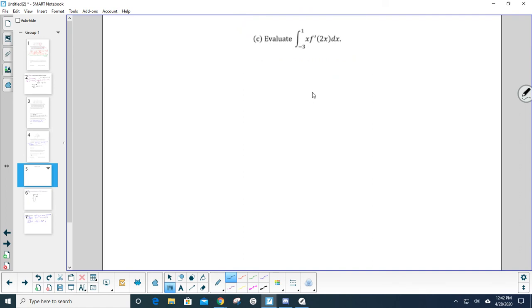So I'm just going to let my u equal my x. So my du is going to equal dx. That's pretty self-explanatory. I'm going to let my dv equal the f prime of 2x dx.